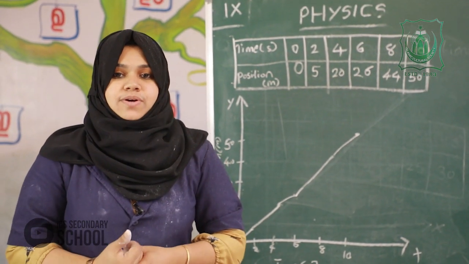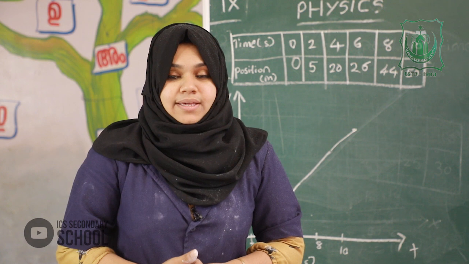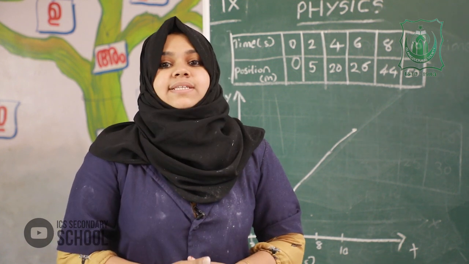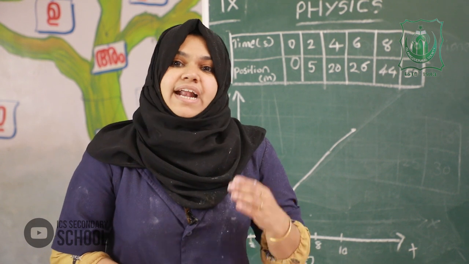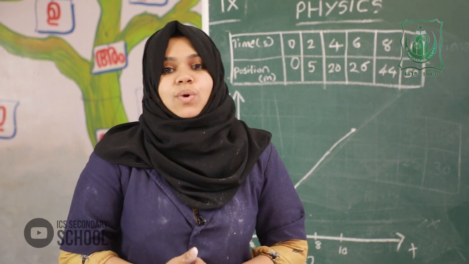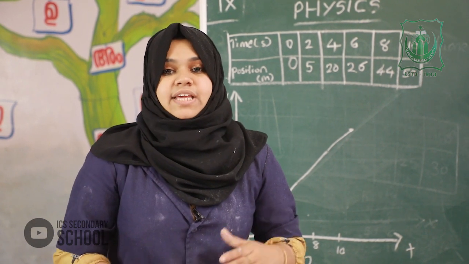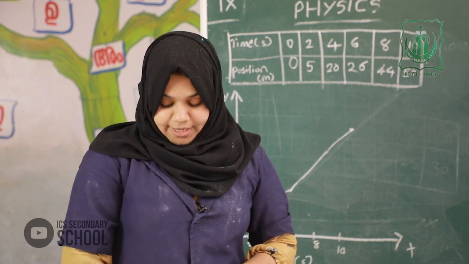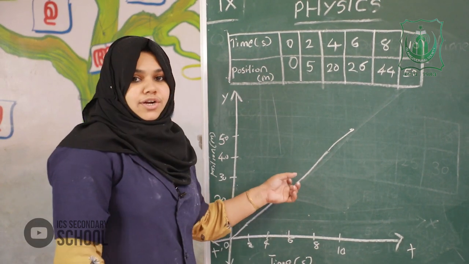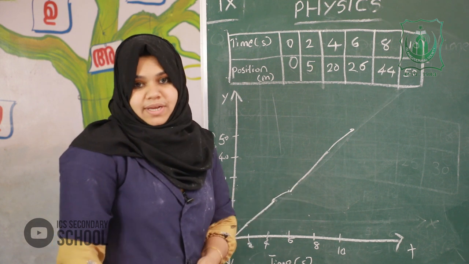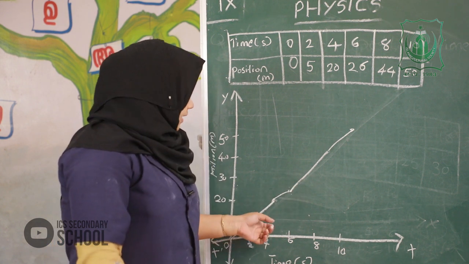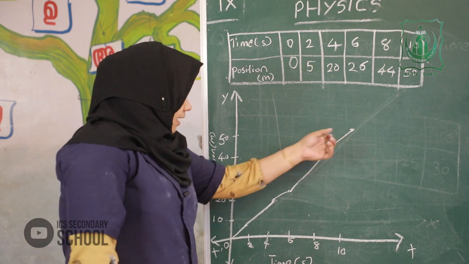And non-uniform speed means what? The body covers unequal distances in equal intervals of time. Is it uniform or non-uniform speed here? Non-uniform, because it has unequal values.